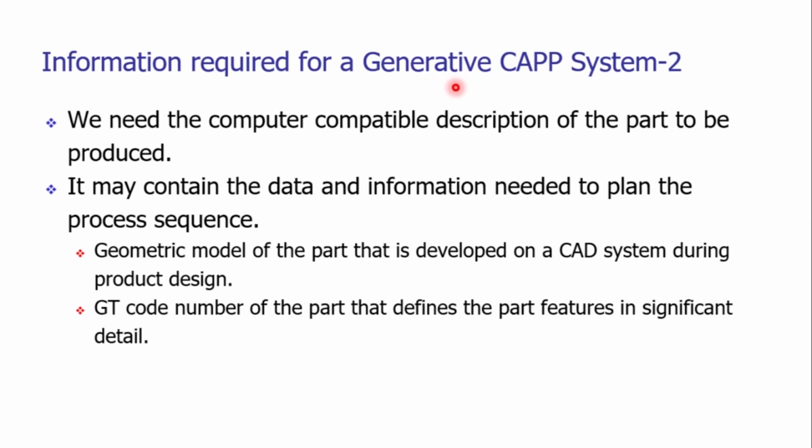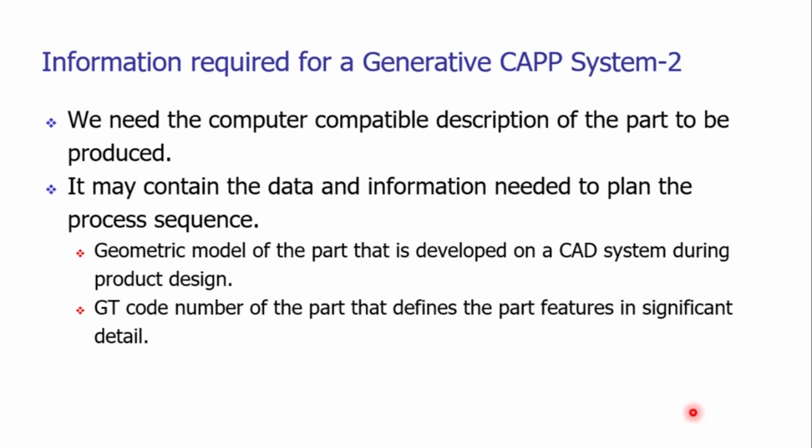The second information needed as far as generative process planning is concerned is the description of the part in a way compatible with the computers. We have a lot of alphanumeric data, maybe in a format which may not be directly useful for the computers.